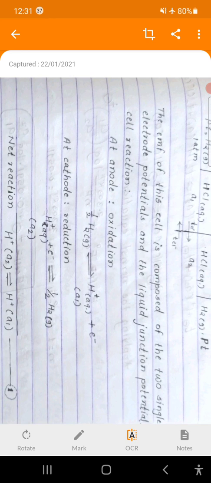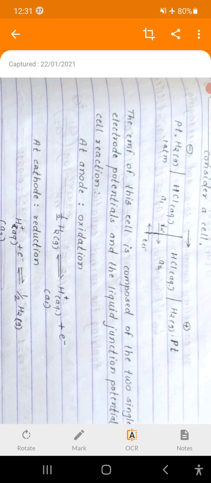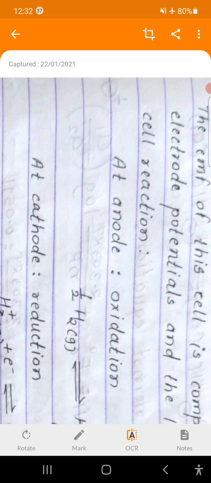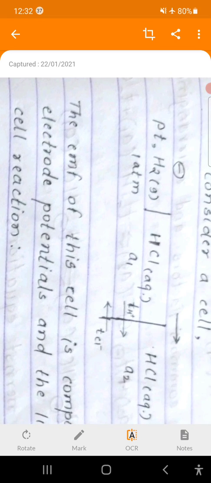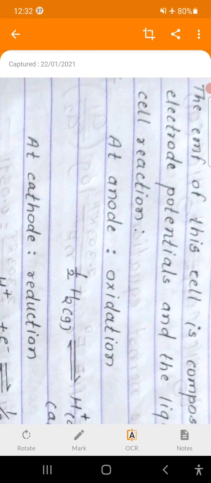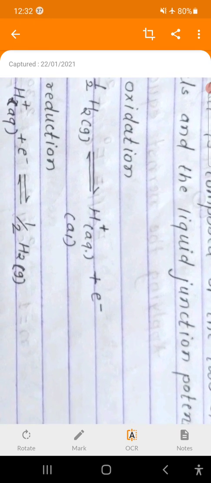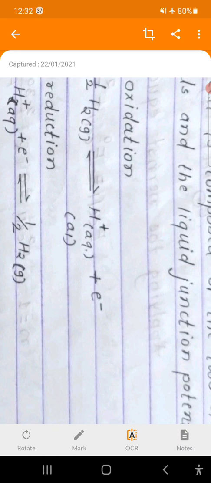That H2 gas is at the left-hand side, where hydrogen gas is bubbled with pressure P1. The pressure is the same on both sides, and that H2 gas oxidizes as half H2 gas, converted to H plus plus 1 electron.